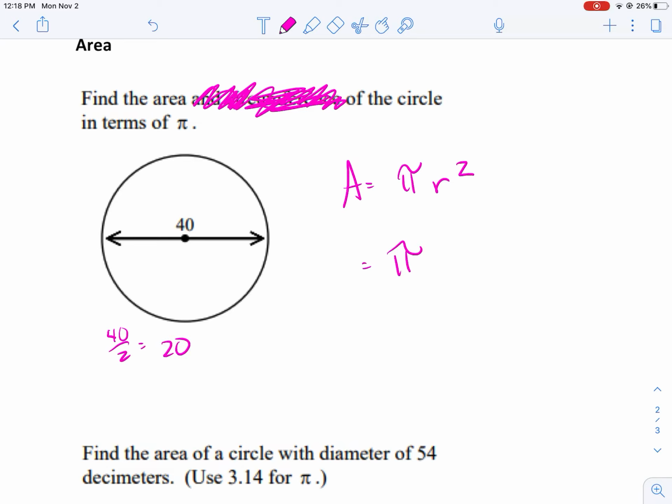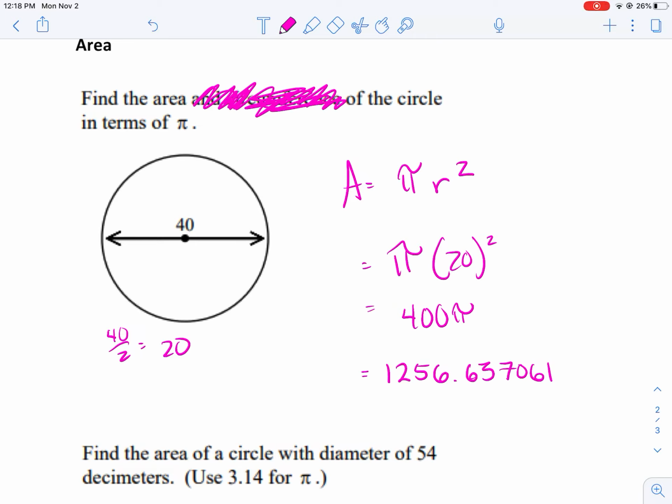So we get 20 squared, which is 400 pi, which is 1256.63061.